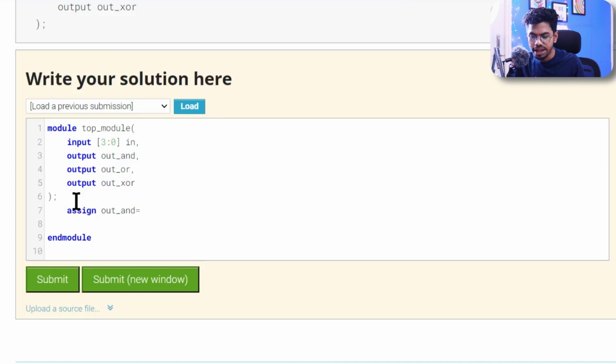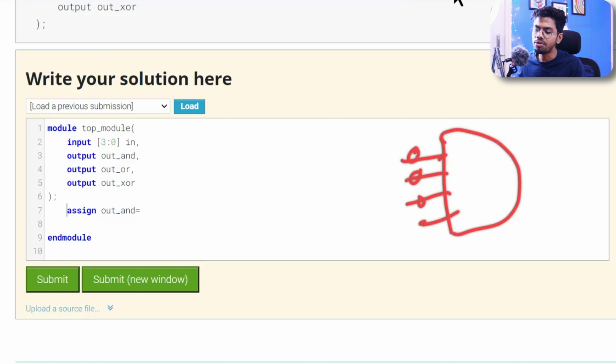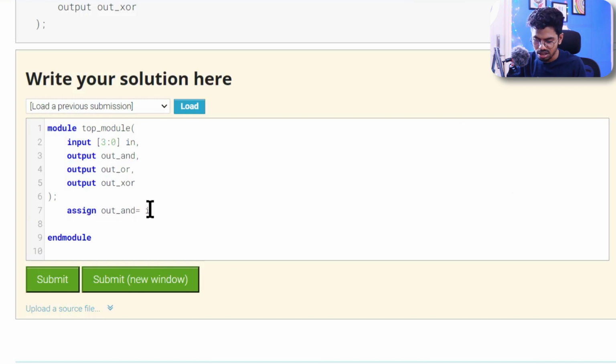The output of this AND should take 4 input bits, right? So I need to partly select them. To partly select them, I can write in[0], and then let me copy it.